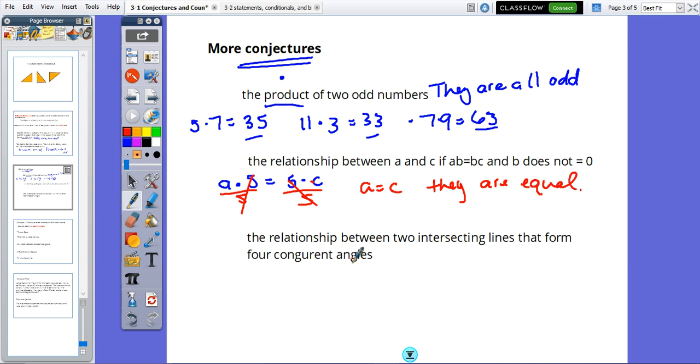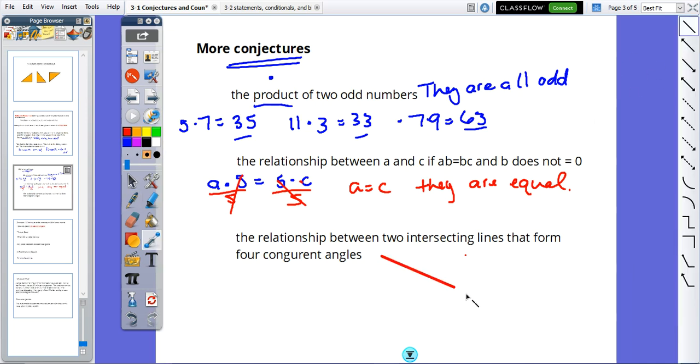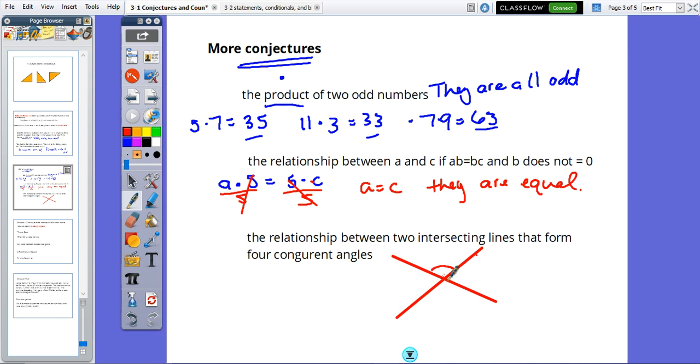All right. What about the relationship between two intersecting lines that form four congruent right angles? So I have two lines that intersect somehow. Let's get some random lines. These aren't all congruent, because I know for sure that one is congruent to that one because they're vertical angles. But all four are not.